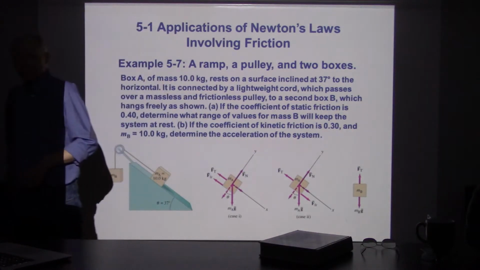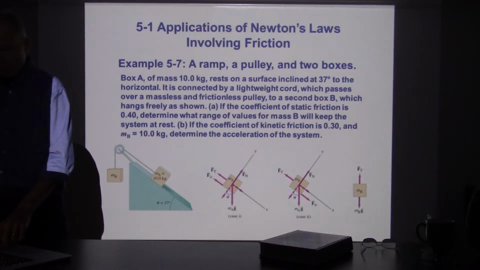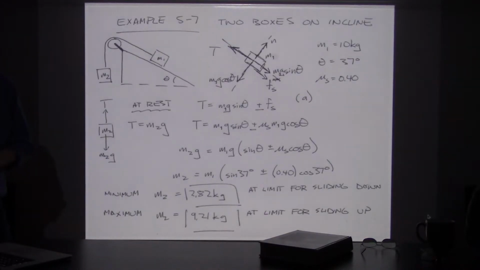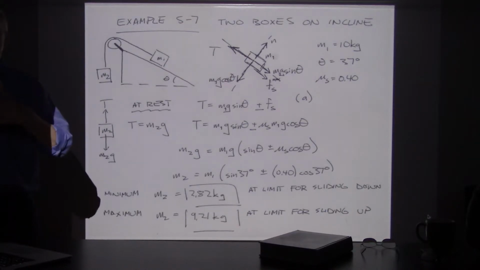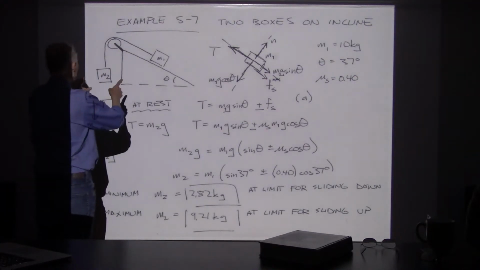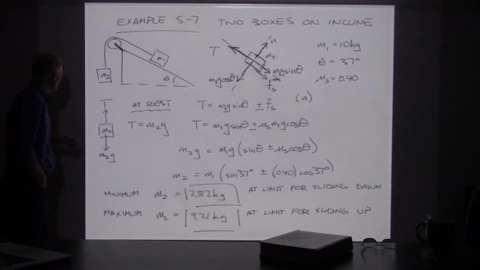Now, it sounds like maybe it's a lot of bother because the problem has different possibilities going on. How could we simplify the situation so we don't have to completely solve the problem twice? We want to take advantage of whatever is going to be similar for both of those situations. So I redrew this, and of course I relabeled these as M1 and M2.